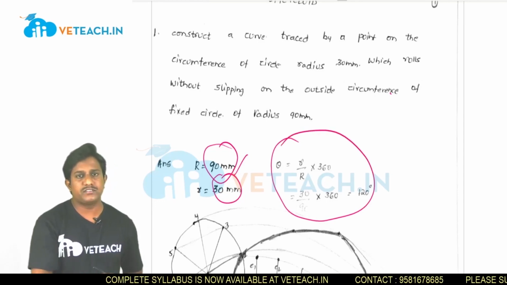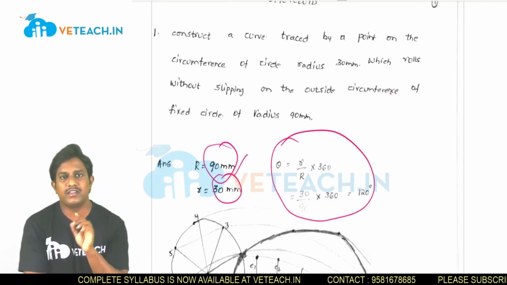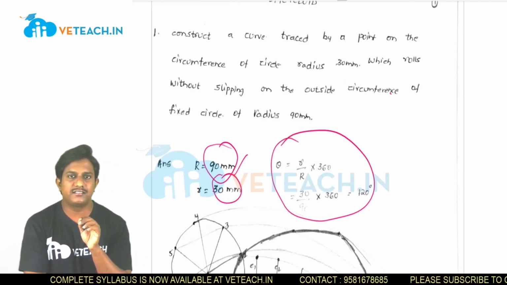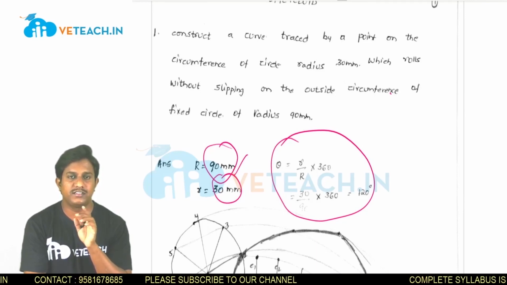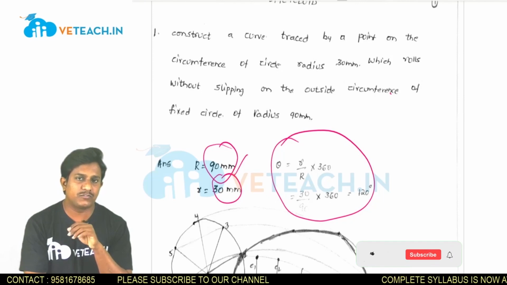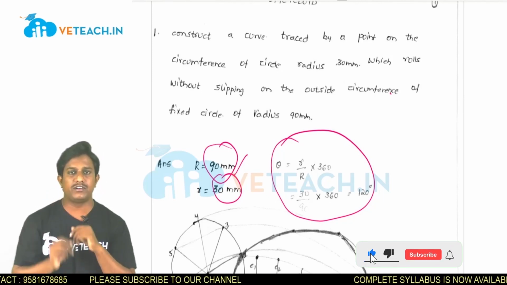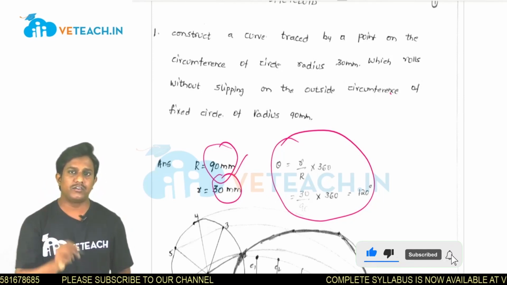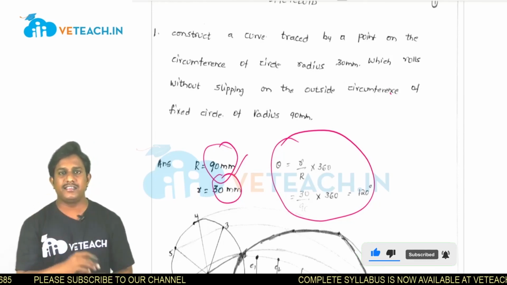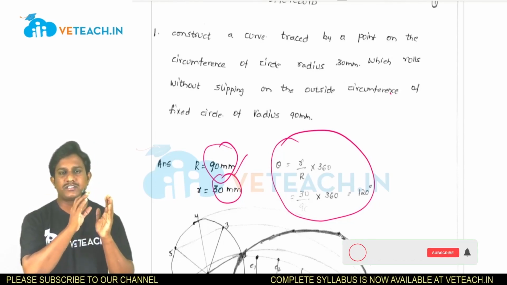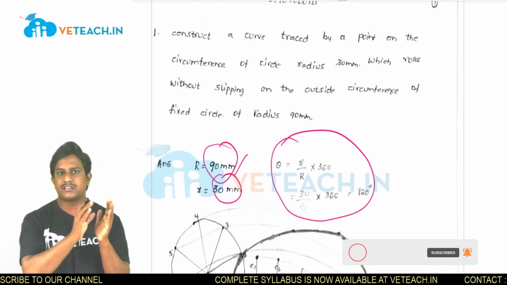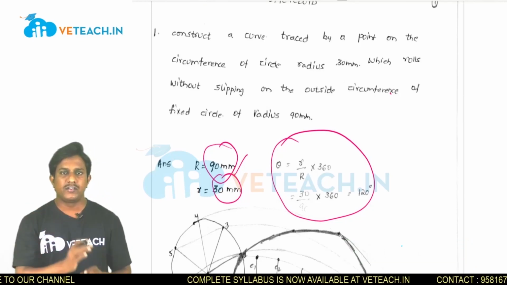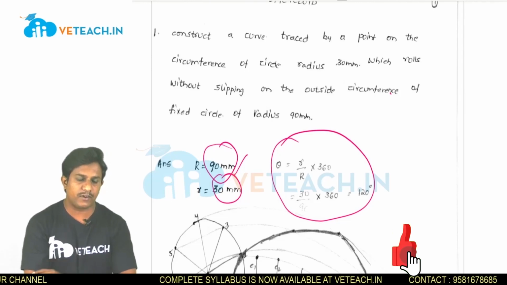For both epicycloid and hypocycloid, we have a common formula: theta is equal to small r by capital R into 360. We use this formula because, for one complete revolution, we have to calculate the angle between the curve's starting path and ending path.